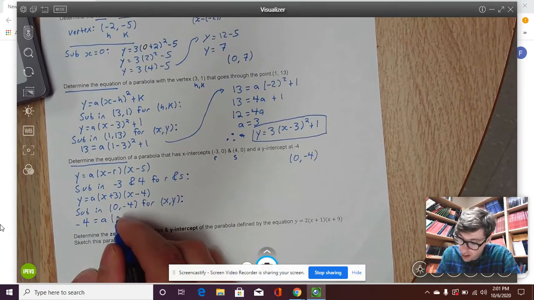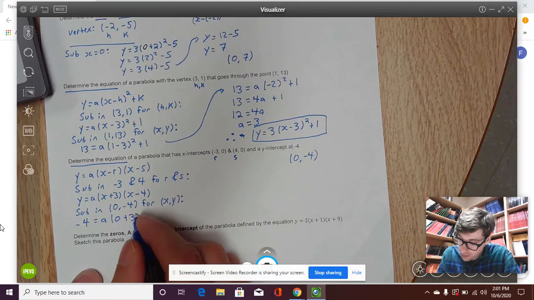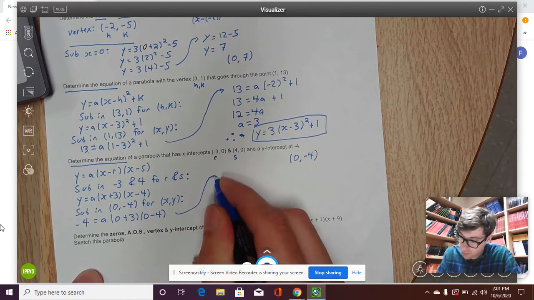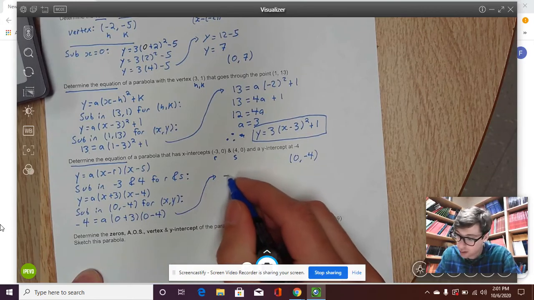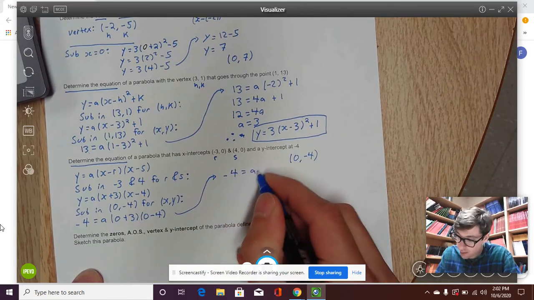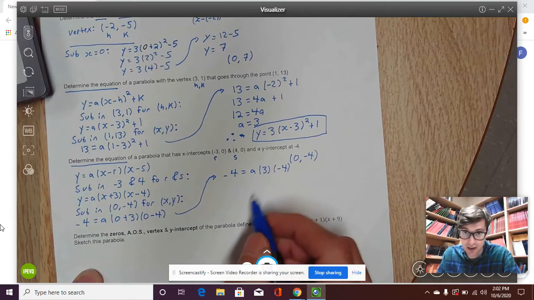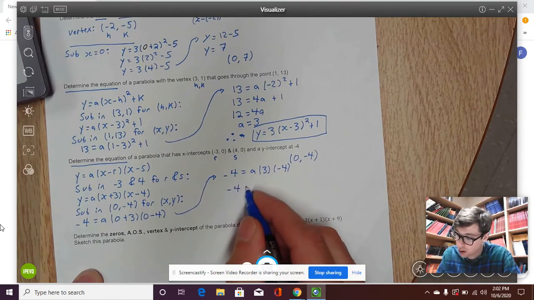Still don't know a, but now I know x is 0, so I'm going to replace x with 0 in both brackets everywhere I see it. Continue on the right. And again, I've got to do what's in the brackets first. Now I'm multiplying everything together on the right side, so I have negative 4 equals negative 12a.